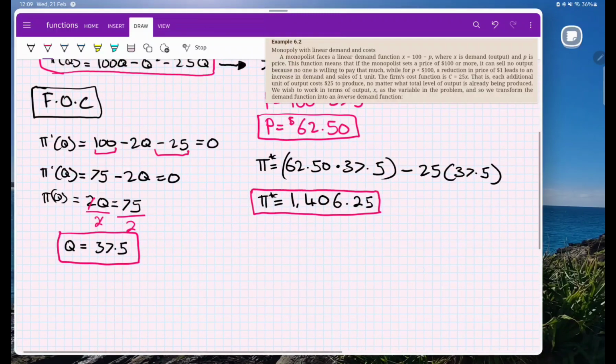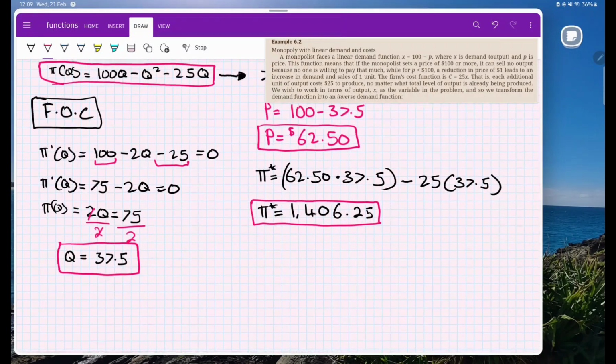Now you could plug that into your profit function up here, and you would get the same result.